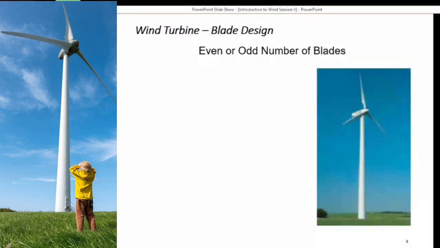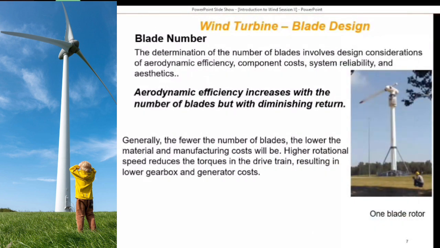So the determination of the number of blades involves design considerations of aerodynamic efficiency and component cost. Some Europeans are not using this system for power production, but at least for aesthetics.